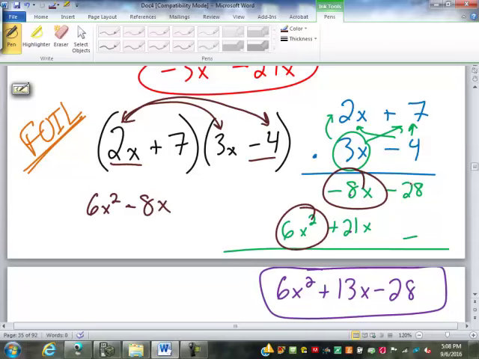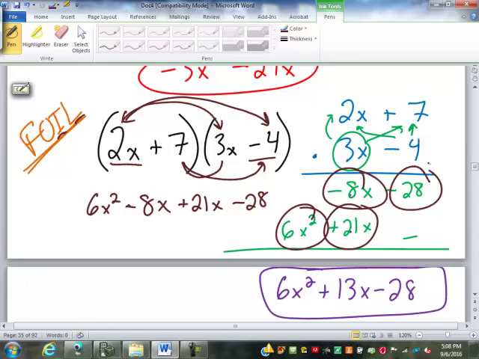We had that. I stands for inside. We multiply the inside two digits. 7 times 3x is 21x. We had that. The L stands for last. You multiply the last two digits. 7 times negative 4 is a negative 28. We had that. The difference is here we have to figure out that we've got to combine those two. 6x squared doesn't change.